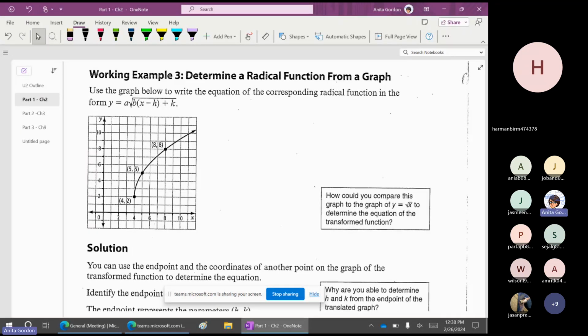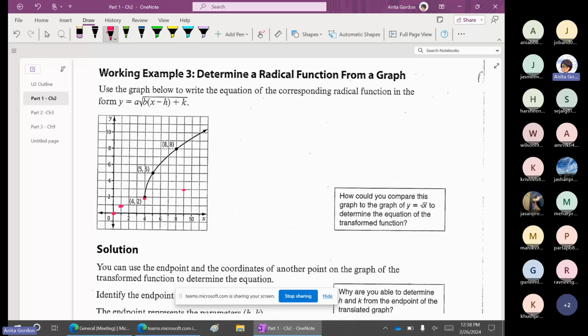In the last unit, I gave you the original points and I told you where they mapped to. I would say, for example, 0, 0 is now being mapped to 4, 2. And then I would give you a second point, for example, 9, 3 is being mapped to 8, 8.